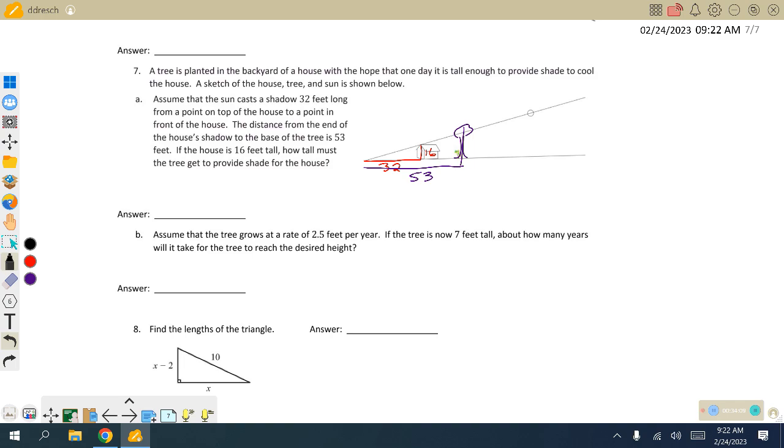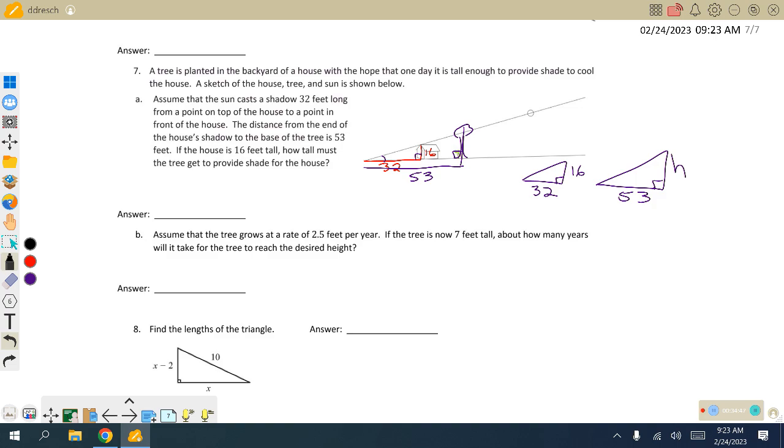These share the same angle right down here where the shadow is occurring, and we're assuming the tree and the house are at a right angle. So a right angle and a right angle gives AA similarity. I'm going to separate these 2 triangles. This is what we're breaking it down to: 16 and 32, and here's my tree that I want to get growing.